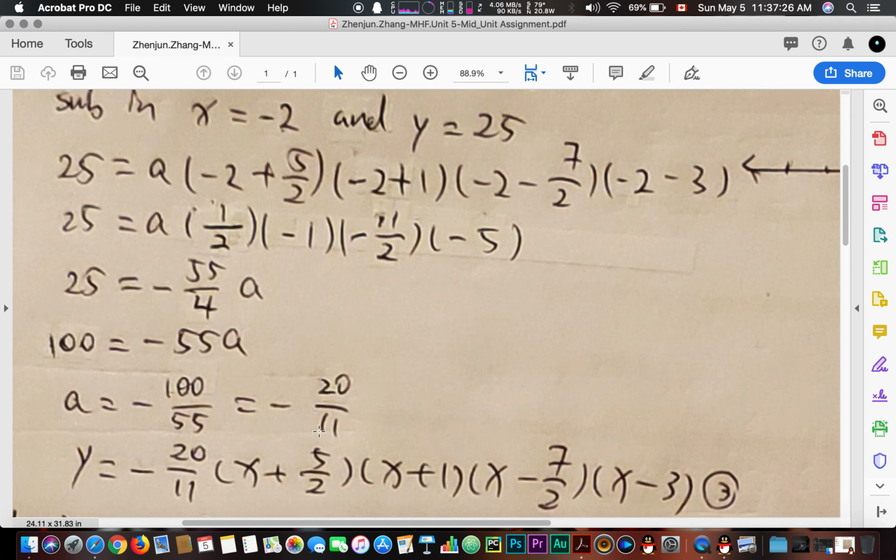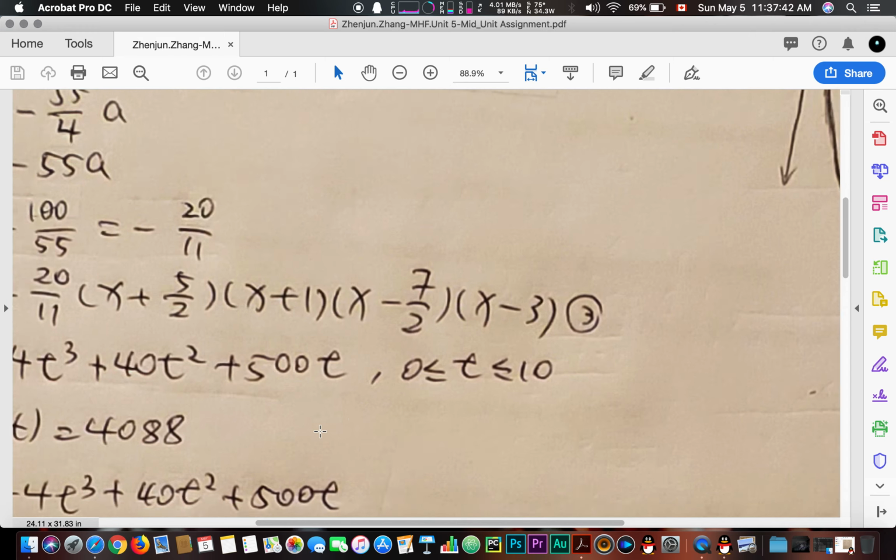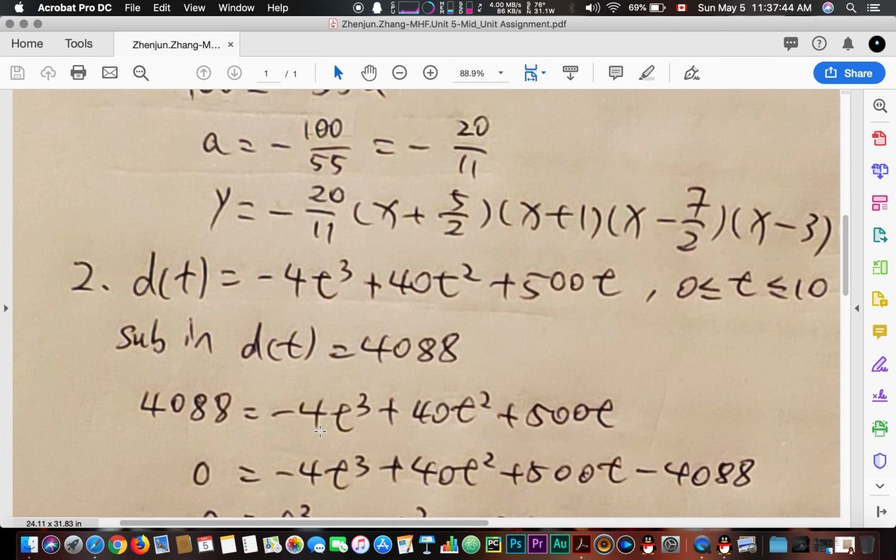Yep, and then therefore we will get that family, which is negative 20 over 11 times x plus 5 over 2, x plus 1, x minus 7 over 2, and x minus 3. So we have our third graph here.